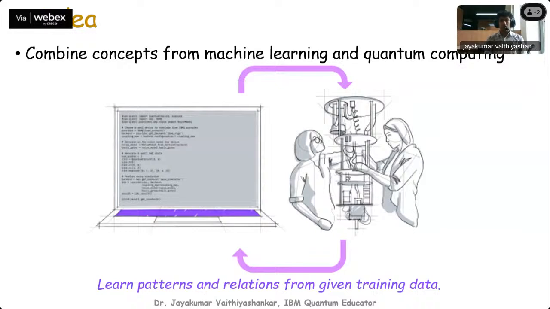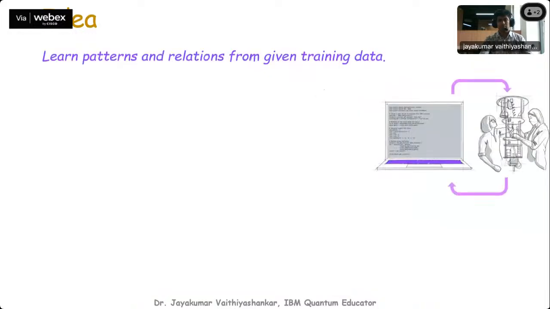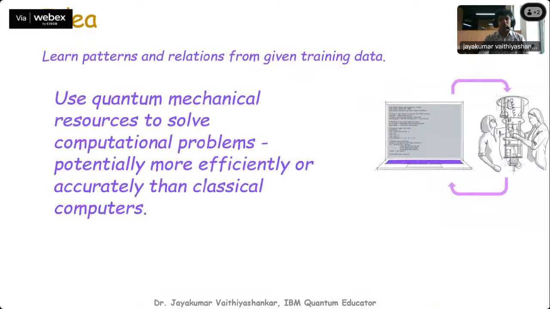During this process, it will learn patterns and get relations from the given training data, equivalent to classical machine learning. The only difference is that it will use quantum mechanical resources to solve computational problems potentially more efficiently or accurately than a classical computer.